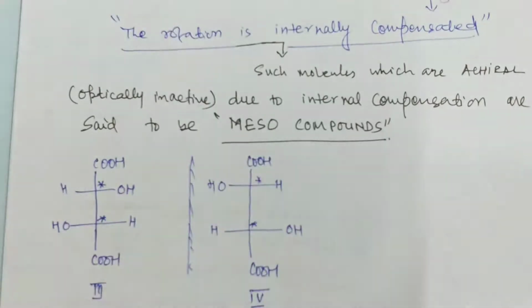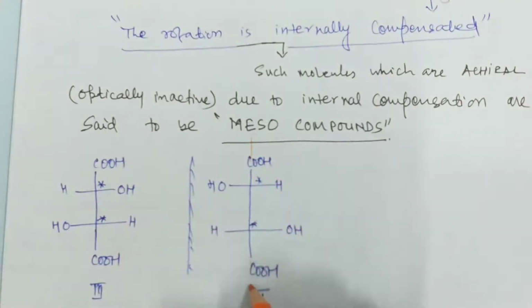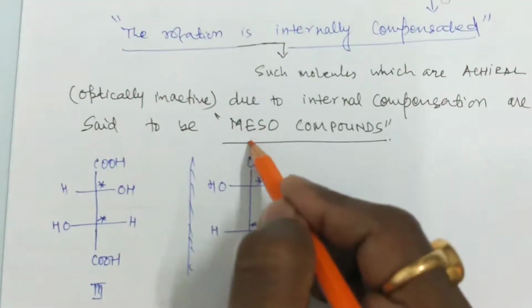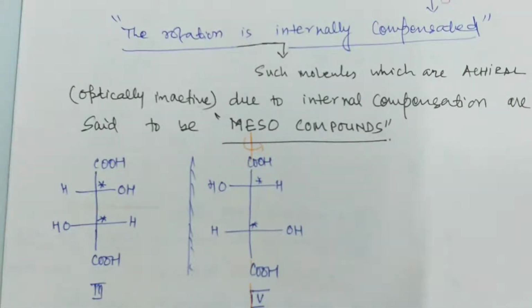If you pass an axis from here and rotate this by 180 degrees, you won't get the same structure as structure number 3, right? So in this way, you can say this is not an identical, I mean similar, structure, right?